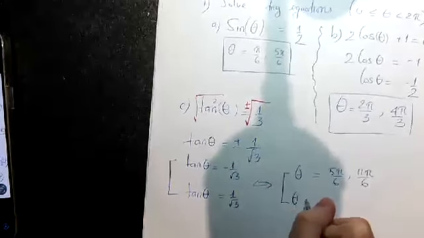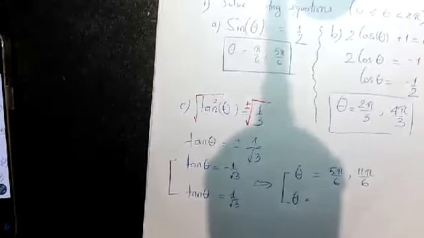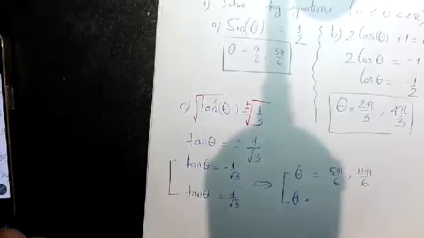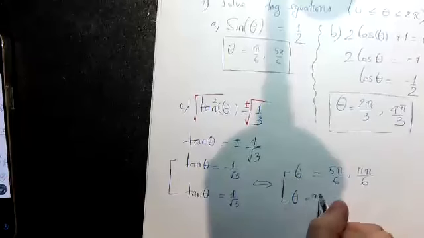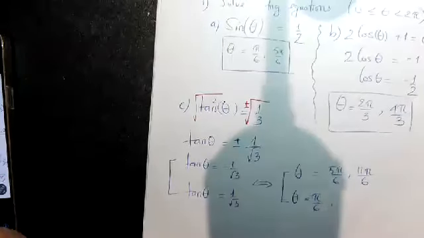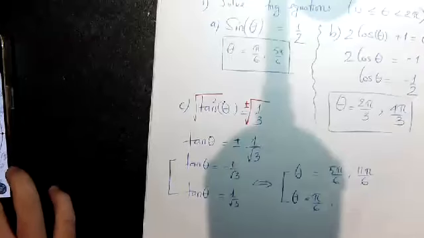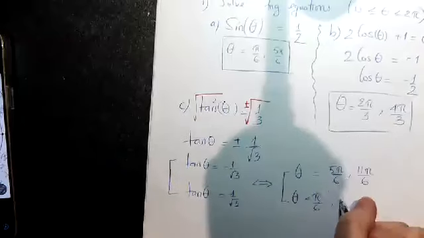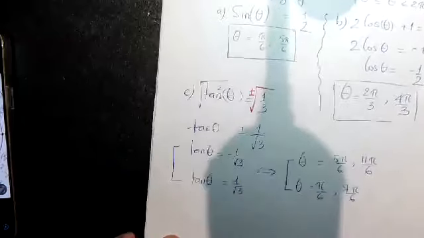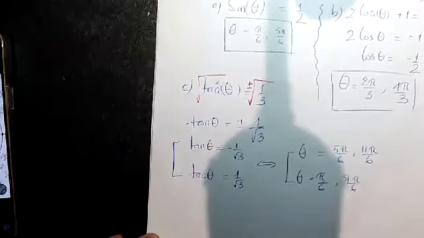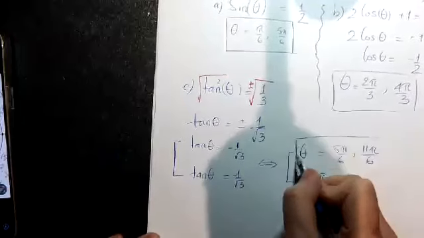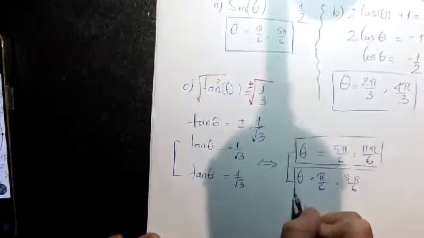And then you do the same thing for tangent theta equals 1/√3, which will be the first and third quadrants: pi over 6 and 7 pi over 6. Any questions? Not too bad, right? Yeah, these are easy cases.